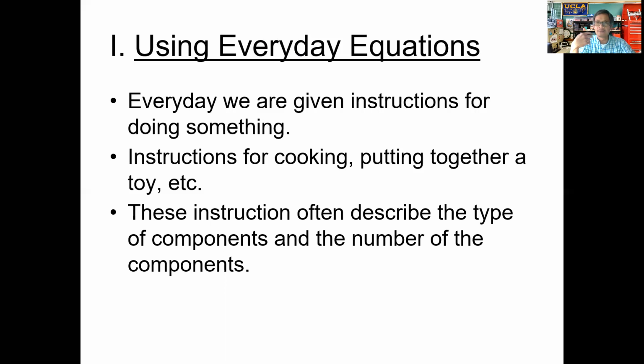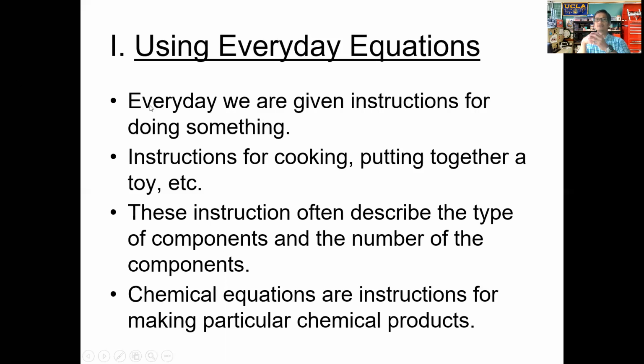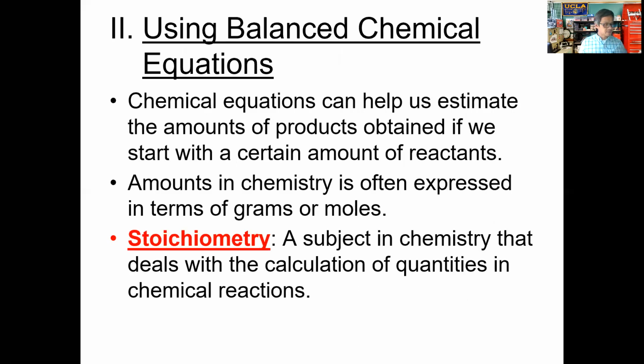You need 3 screws to put together a certain part of your toy. Any good set of instructions has to have a description of what is being used and how much of it is being used. With the chemical equation, it is no different. You have to be given what goes into it, the components of your reaction, and how much. And in this chapter we will be talking about how we describe how much.